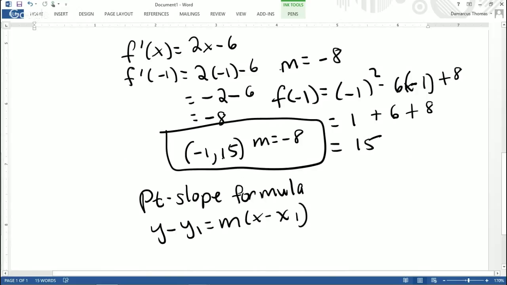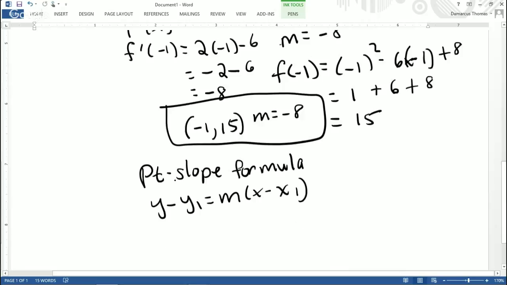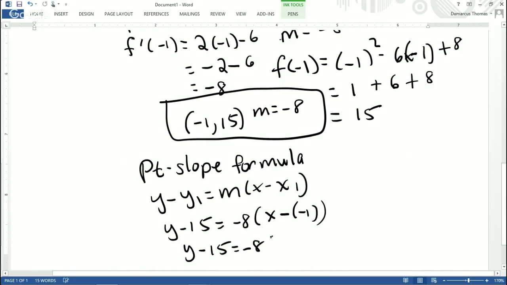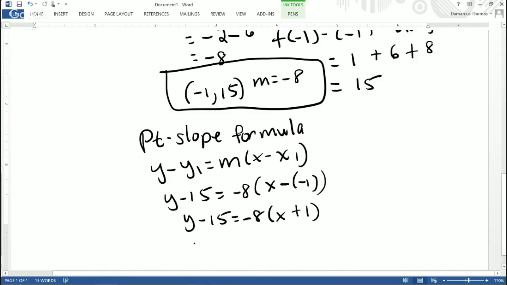And so let's plug in our point and our slope and solve this. We get y minus 15 is equal to -8 times x minus -1. Let's just keep going. That's y minus 15 is equal to -8 times x plus 1. And there's our equation of a line.